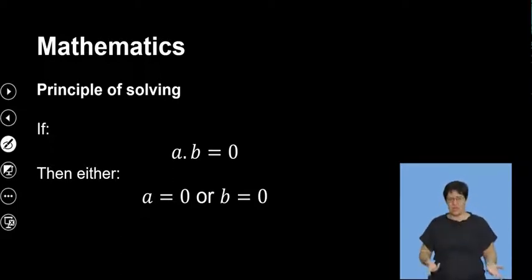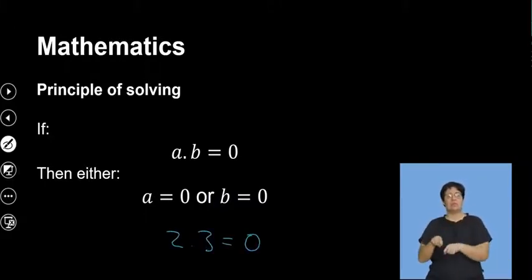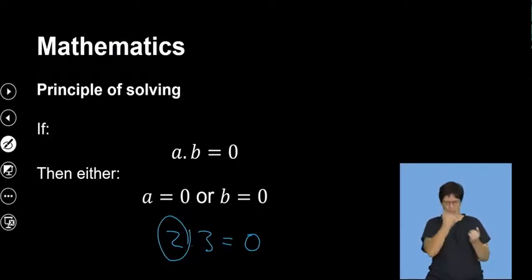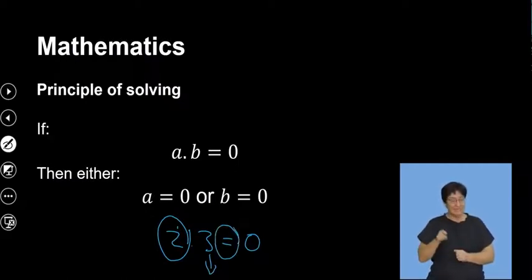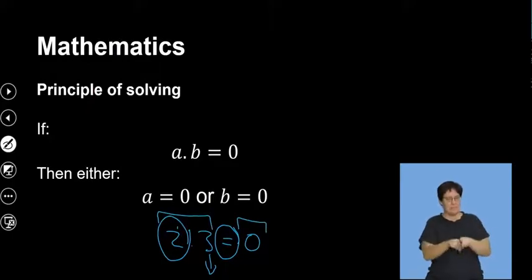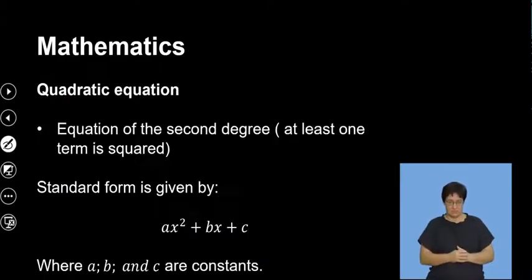It's because if I say 2 multiplied by 3 is equal to 0, it means the 2 will definitely either need to be 0, so that when I multiply with the 3 I get a 0, or the 3 needs to be the 0, so that when I multiply it with the 2 it gives me a 0. Because remember, this equal sign means that you are talking about a relationship between these two sides, that they must exactly be the same. They must both amount to 0.